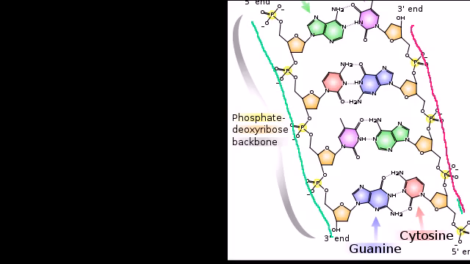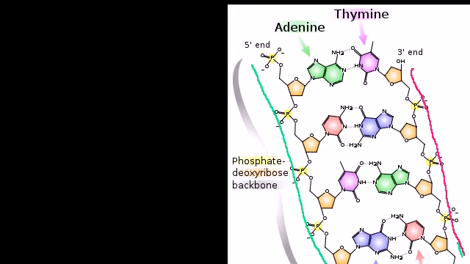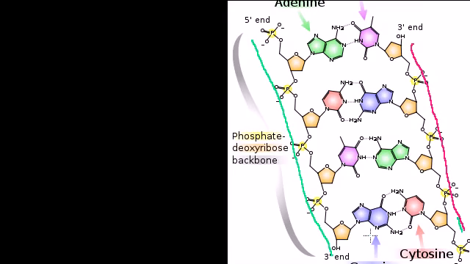And if you twist it up, you get back to the drawing up here. Then these bridges that you see in the double helix are these connections right here. These are the bridges.